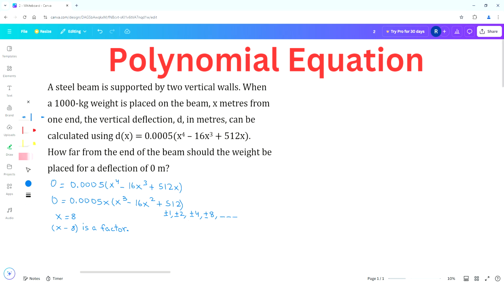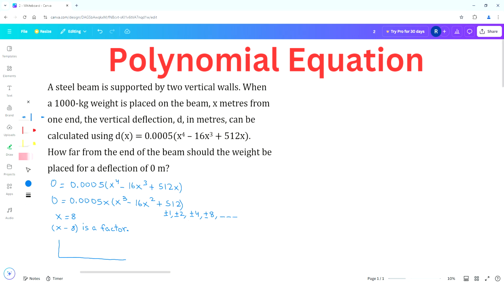We should divide the cubic polynomial by the factor x minus 8. We can use polynomial long division or synthetic division. I will use synthetic division in this video because it's faster. The first step is to write out the coefficients of x terms in the cubic polynomial and the number term.